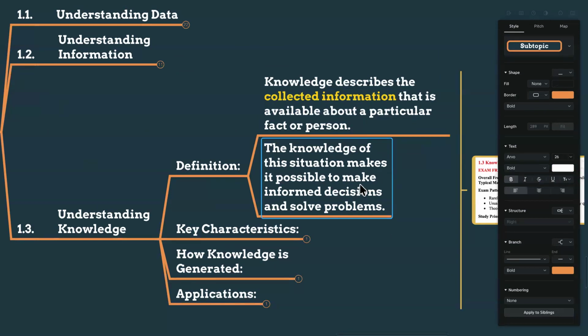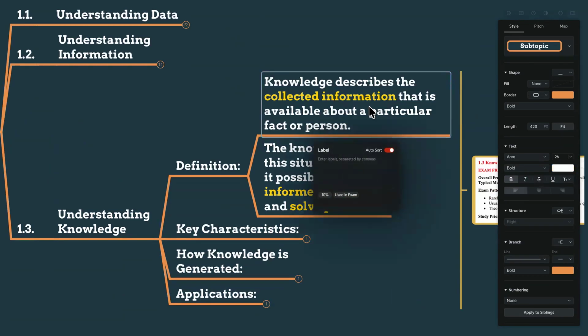The knowledge of this situation makes it possible to make informed decisions as well as solve problems, right? Let me explain this in a very detailed manner, then you can get the point of what actually the meaning of knowledge is. So knowledge is, my dears, information plus some experience as well as your wisdom, right?